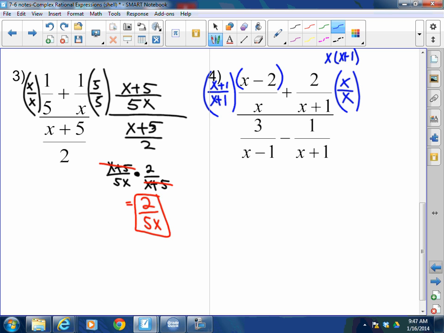Remember, this is a FOIL, so it's x times x times negative 2, 1 times x, and then 1 times negative 2. So x times x is x squared, minus 2x plus 1x, good job, sir, minus 1x, minus 2, plus 2x, which equals x squared plus x minus 2, right? You guys with me?